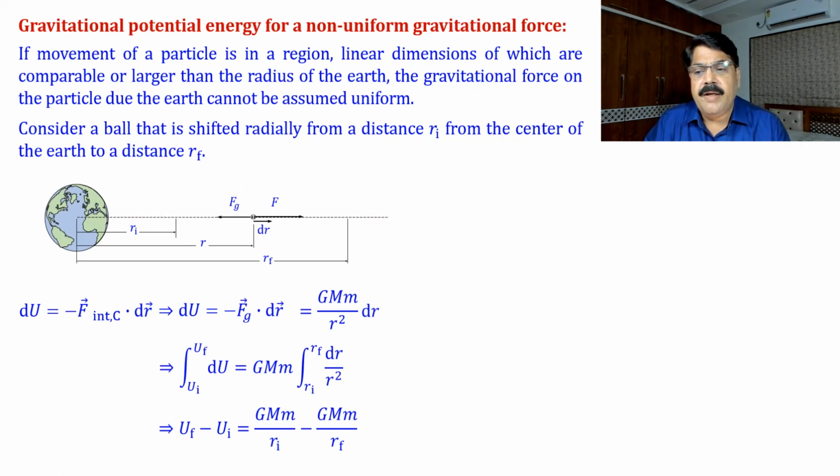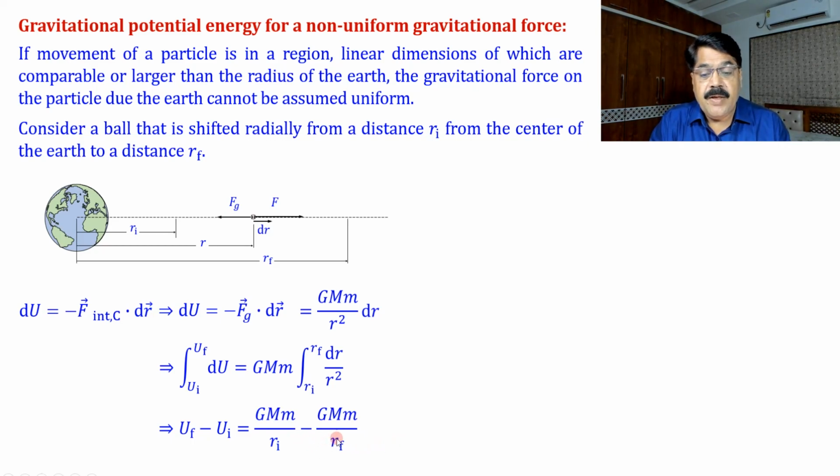Which one should we choose? Naturally, you will say, yes, we have to choose the reference here. But what will happen here? If we choose the reference here, we can say this value of r and this value 0. So U is this minus rf.